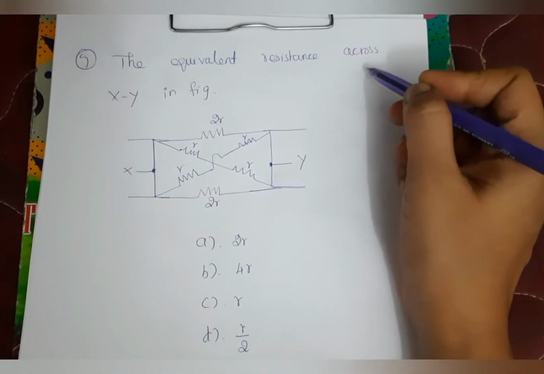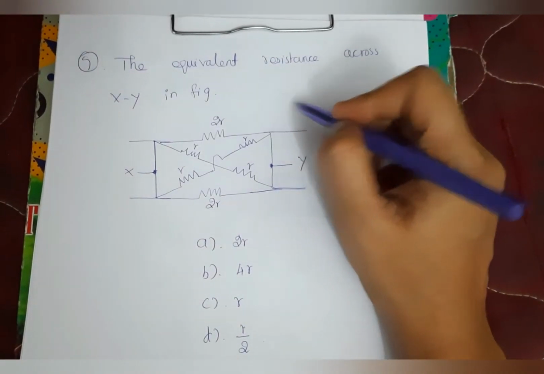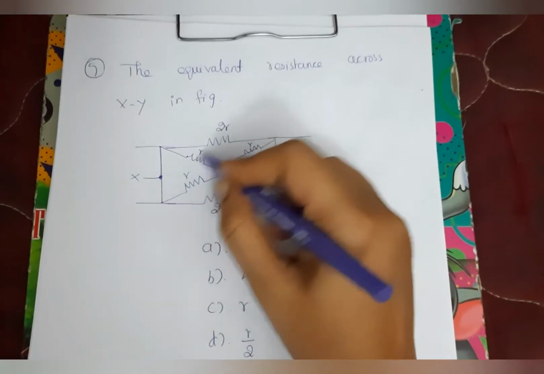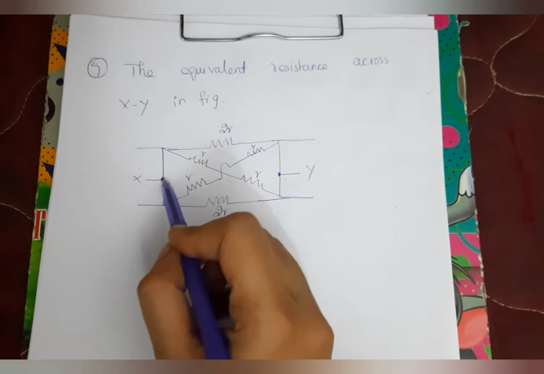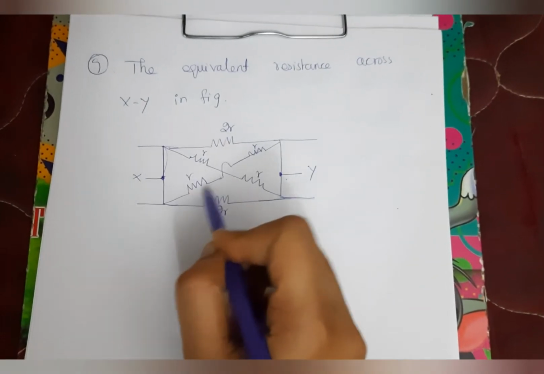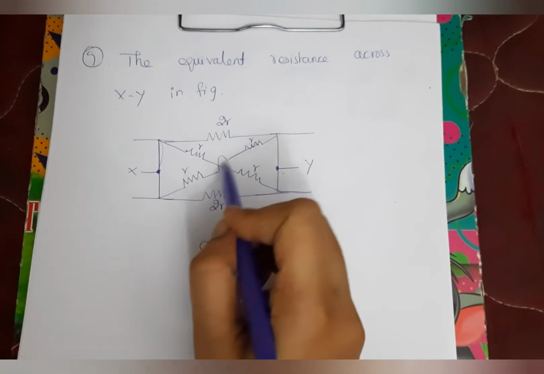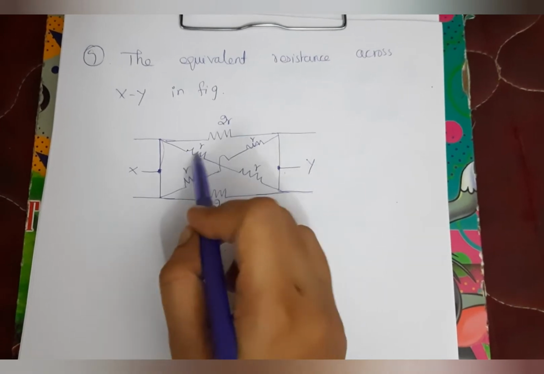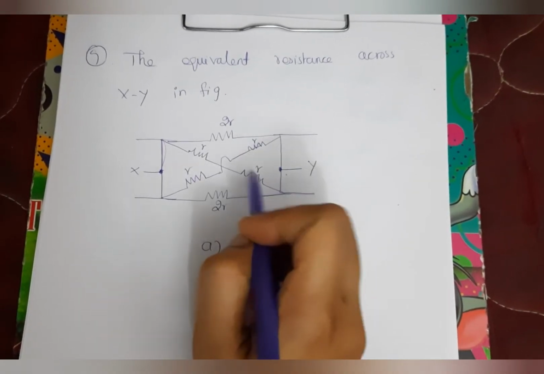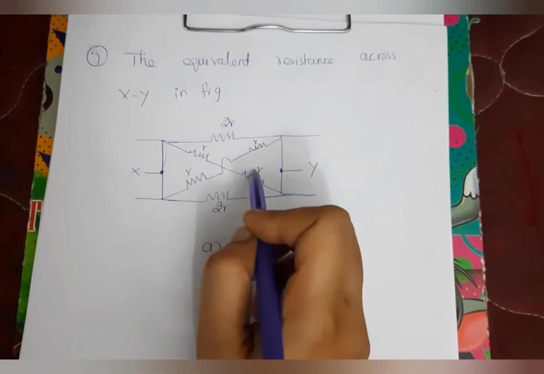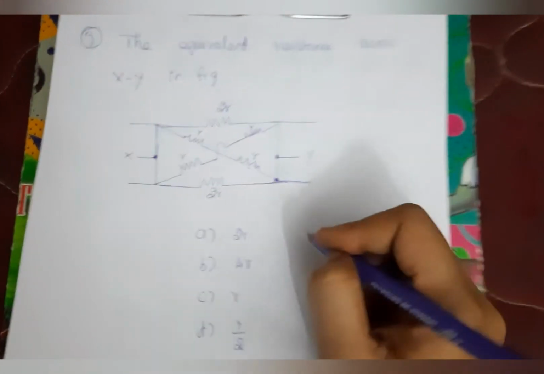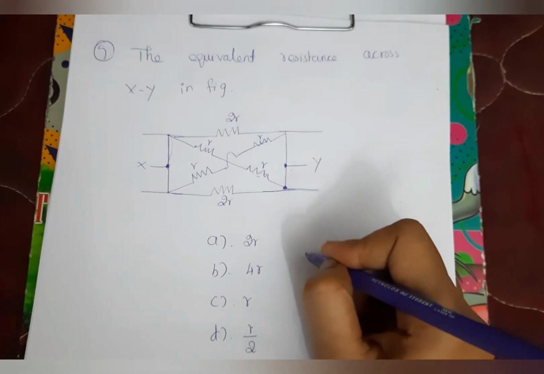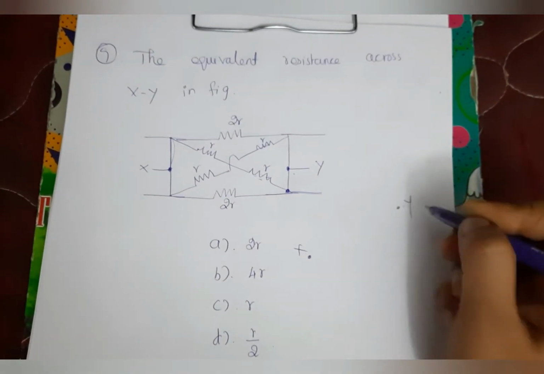Next question, the equivalent resistance across X, Y in figure, and we have to find the resistance across this X and Y. So now we know there is no connection between this line and this line. So this is a series connection. So adding this R and R becomes 2R, and this is connected between, so we can redraw this as, this is X point and this is Y point.